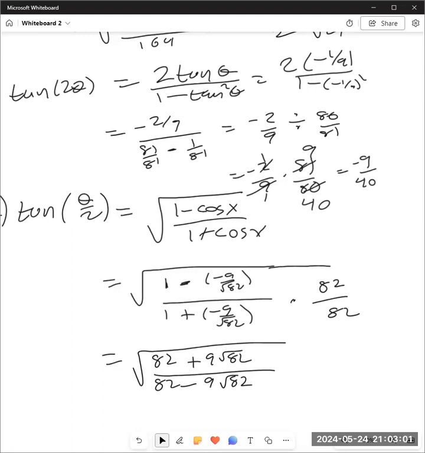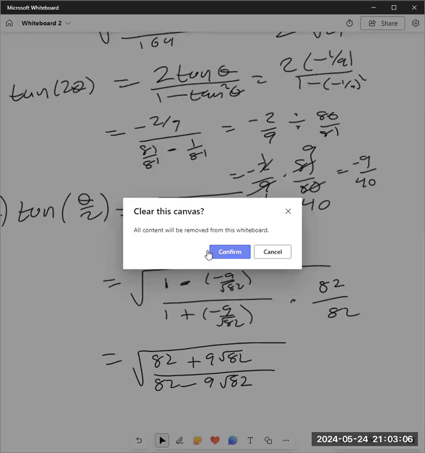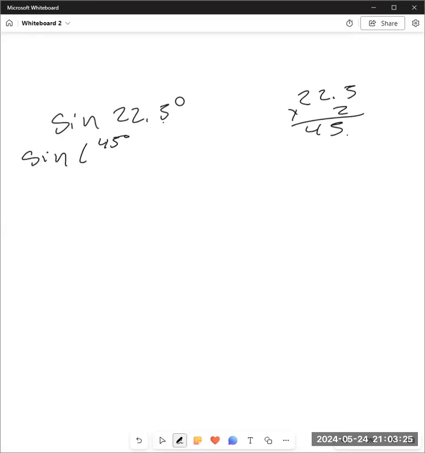So let's finish up the last couple problems here, which I think you'll find to be easier. Sine of 22.5 degrees, clearly a half angle since it's half of 45. 22.5 times 2 is 45. So this is sine of 45 degrees over 2. So we're going to say this is square root of 1 minus cosine of 45 degrees over 2, using the half angle identity for sine.